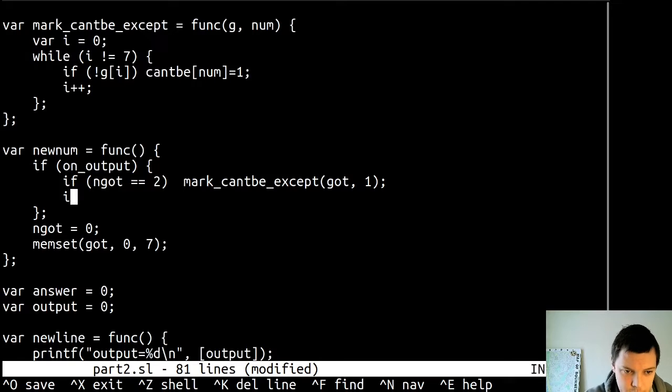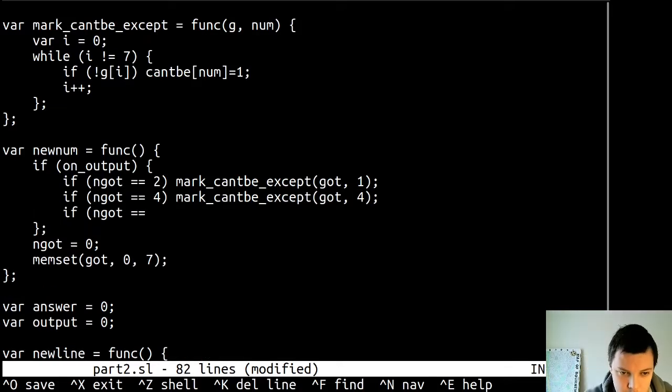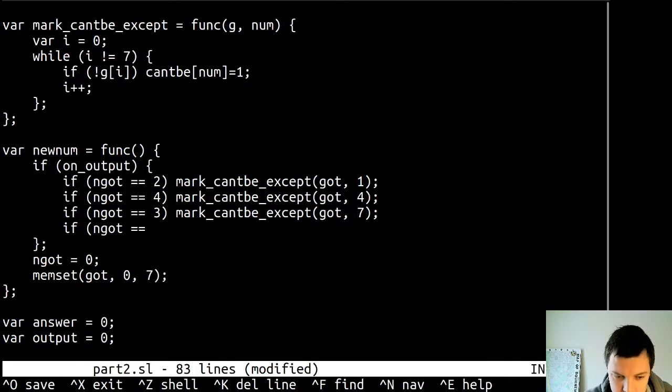Similarly, if n got equals 4, mark can't be except got 4. If n got is 3, mark can't be except got 7. And if n got is 7, can't be except got 8.